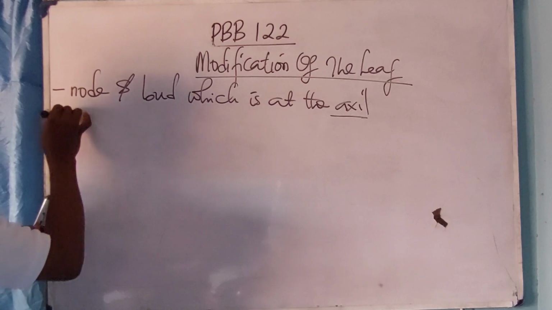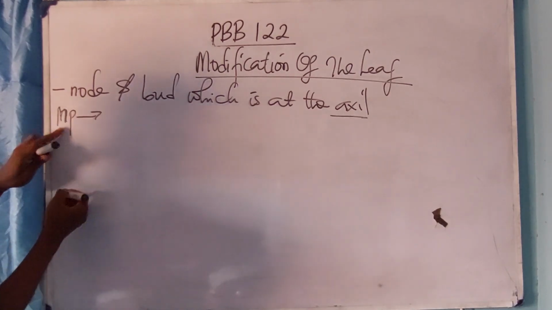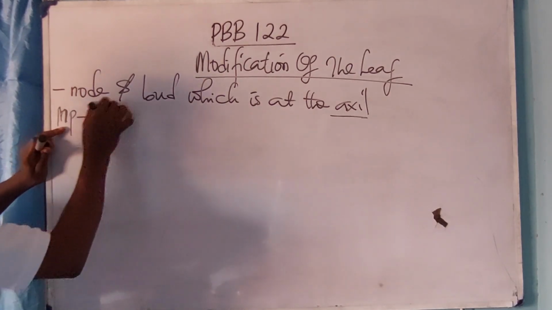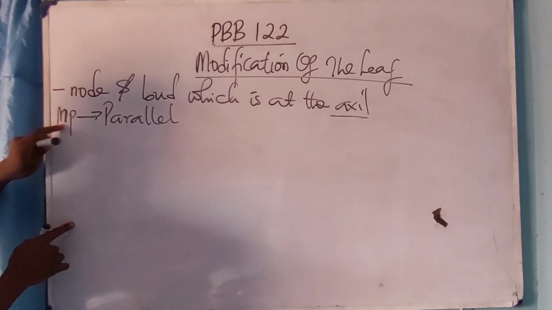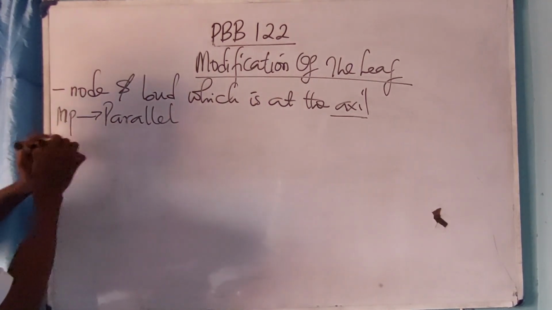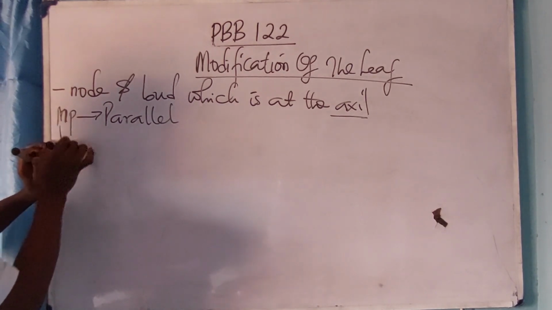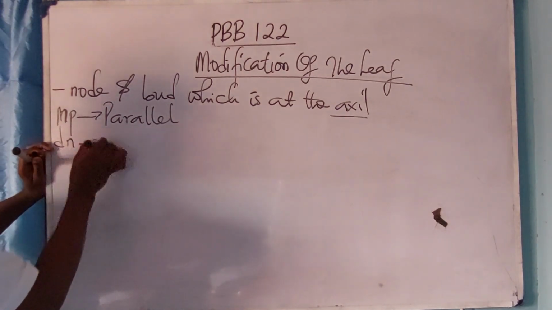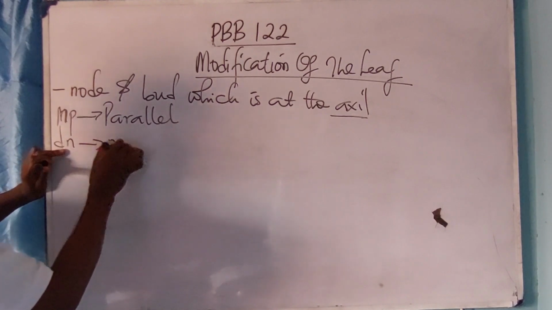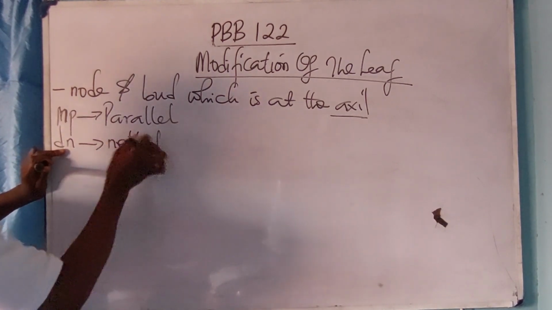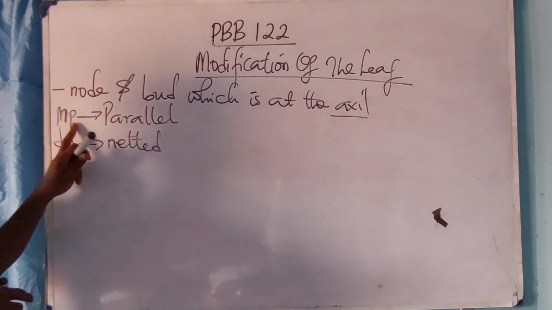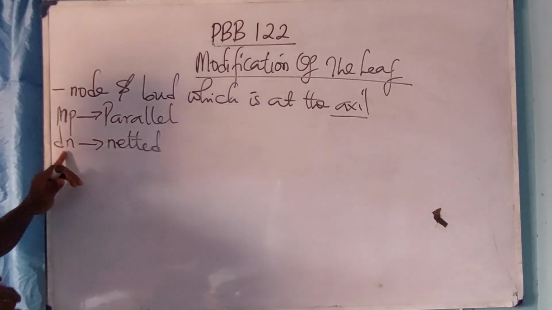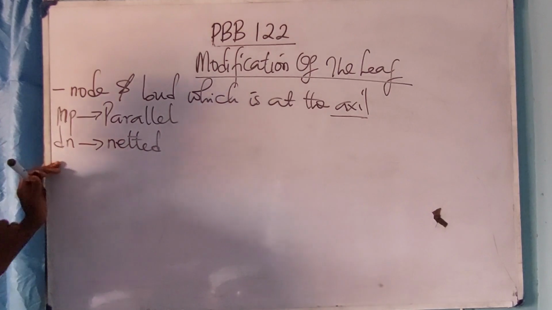In monocot plants, the leaves are parallel, that is MP, but in dicot plants, the leaves are netted, DN. Take note of that.